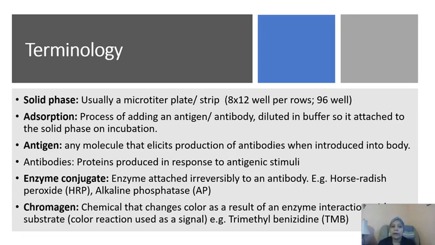Then you have this term called adsorption. This is the process through which we either bind the antigen or the antibody to that solid phase that we are using, so at the bottom of the well, by incubating it under specific conditions in a buffer so that it can attach to that solid phase. Then you have your antigen, obviously, which is going to elicit the production of antibodies.